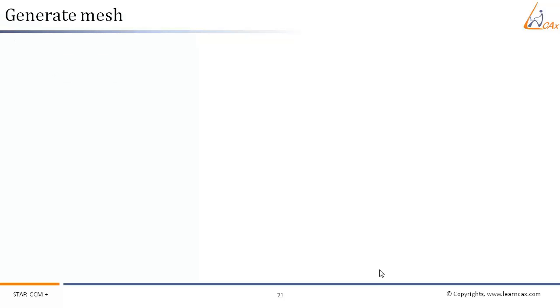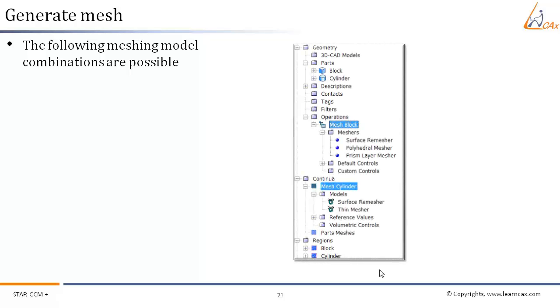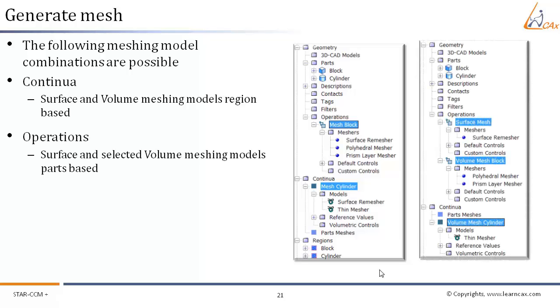In STAR CCM+, there are various mesh generation models and methods. Here, we will see a glimpse of those. When we generate mesh in STAR CCM+, we can use three methods: the continua-based method, the operations method, or the mixed method. In the continua-based method, the surface and volume meshing models are region-based.